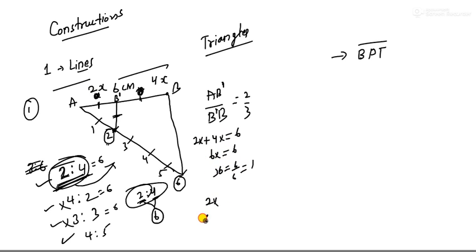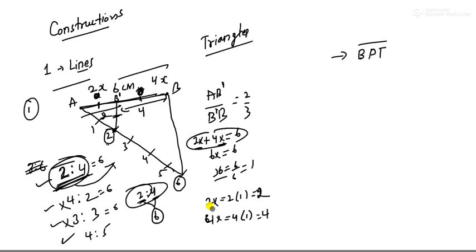So 2x and 4x, multiply with x. You will get 2 here and 4 here. It means even the length is the same, 2 and 4. So whenever they give to divide, just assume the value as x, add them, find the x, then multiply the ratio with x. You will get the length. This is the second type.